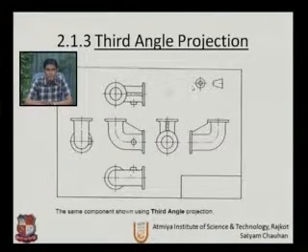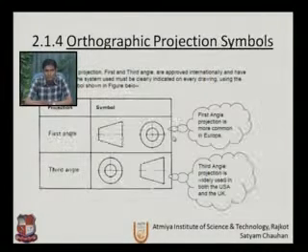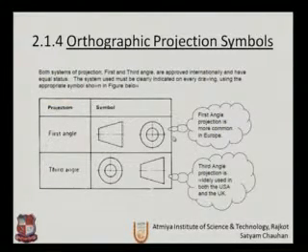Here the front view is drawn below the XY line, and its left hand side view will be on the left of the front view, and the right hand side view will be on the right hand side of the front view. So in the orthographic projection symbol, as we have seen, the cone is drawn first and then its side view.